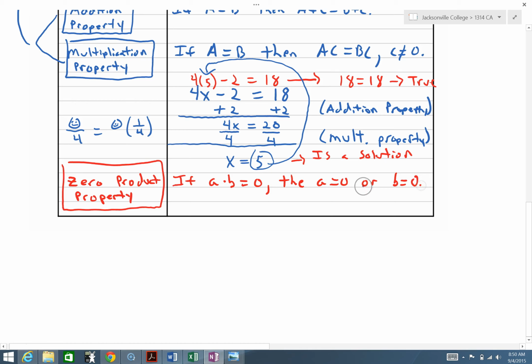In math, when we say or, we mean it can be this one or that one or both of them. Here's an example of that. We will use this zero product property to solve quadratics. We will see several methods for solving quadratics, but this will be one of our main methods, and we're going to use factoring when we do the zero product property.